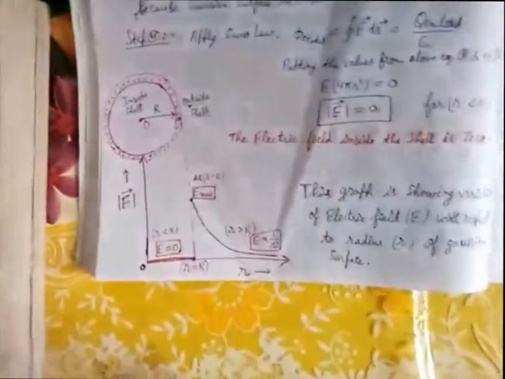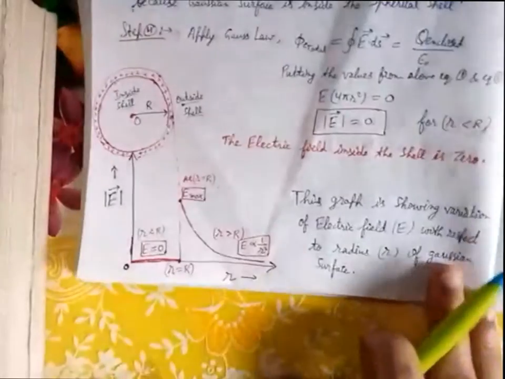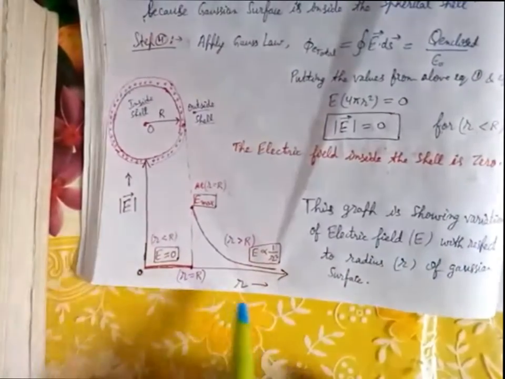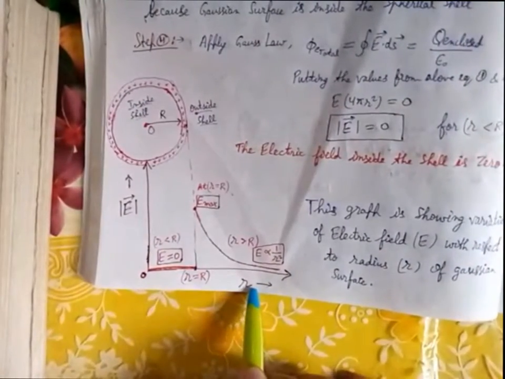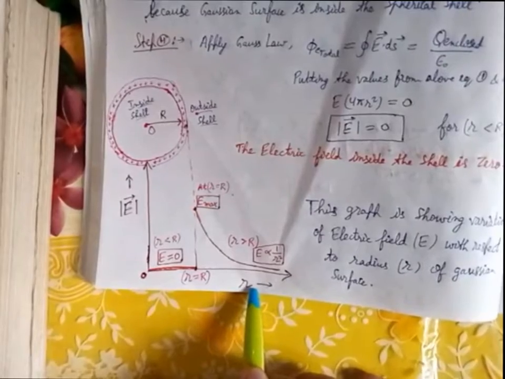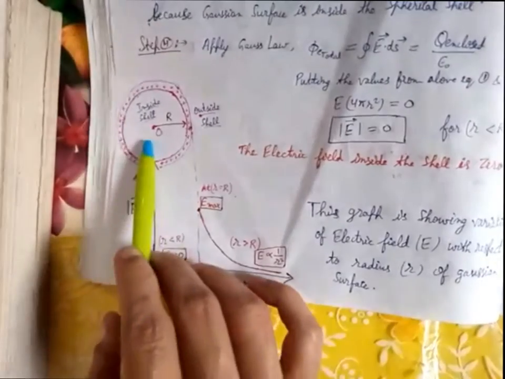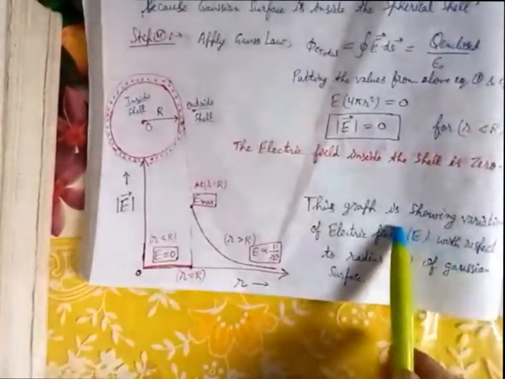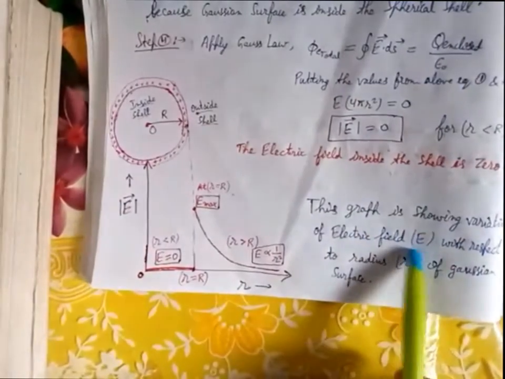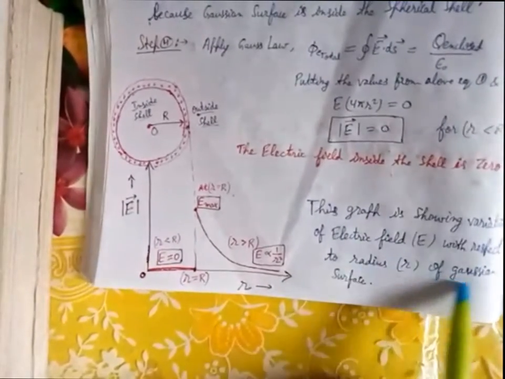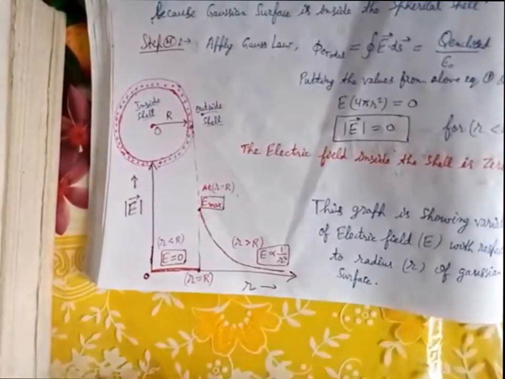Now there is a graph we can draw of electric field with respect to the r, that is the position vector of that point from the center of the shell. Now this is the graph showing the variation of electric field with respect to the radius of the Gaussian surface of that point.